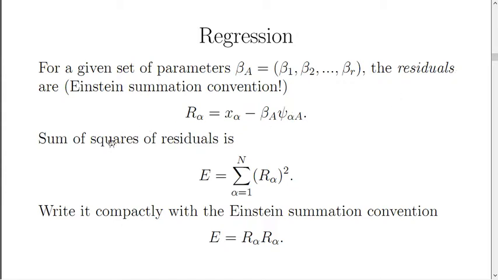The sum of the squares of the residuals is just this sum, but I can write that compactly using the Einstein summation convention like this. And because the lowercase Greek letter alpha is repeated, I sum over all possible values of that index.